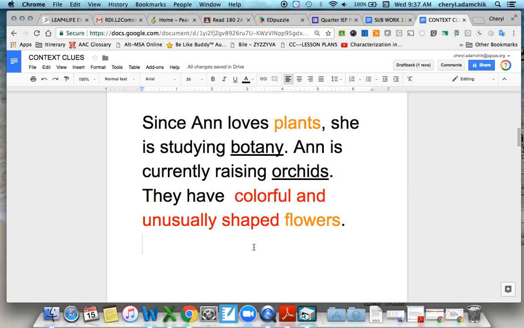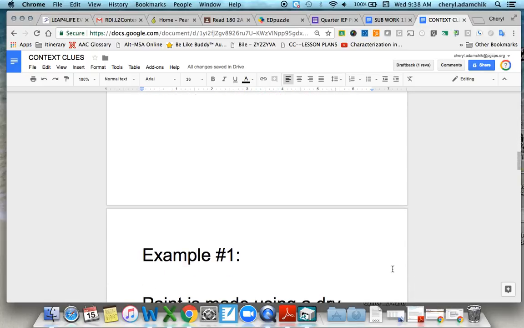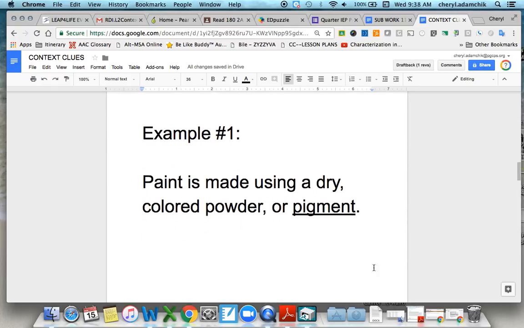By reading that, I realize that orchids are a flowering plant. So all of those clues help me realize that the word orchids must be a plant that has flowers. Okay, so let's move on and do a few more examples before you go off and do your assignment.